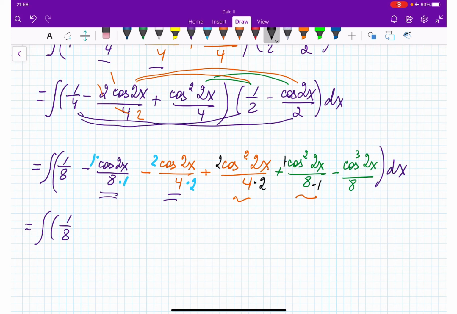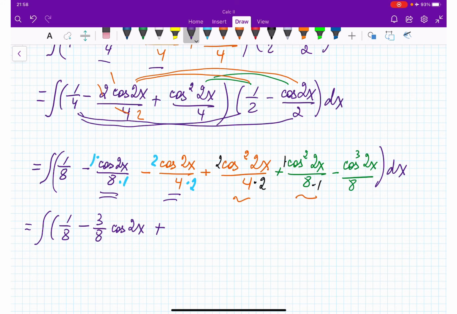So okay, we are getting here how much? 8 and 8, negative cosine 2x and negative 2 cosine 2x. It's going to be negative 3 over 8 cosine 2x, right? Next, plus 2 cosine square 2x and cosine square 2x.